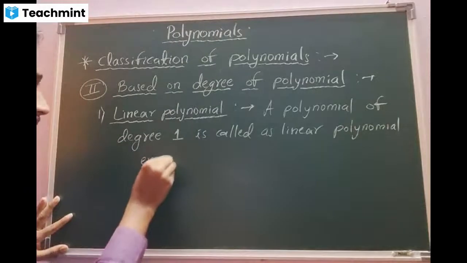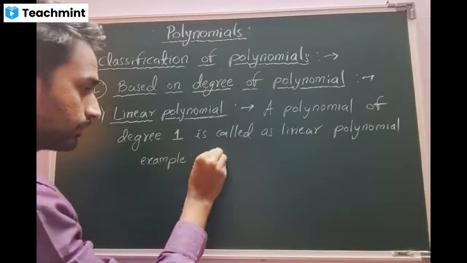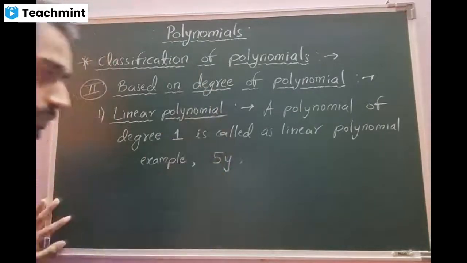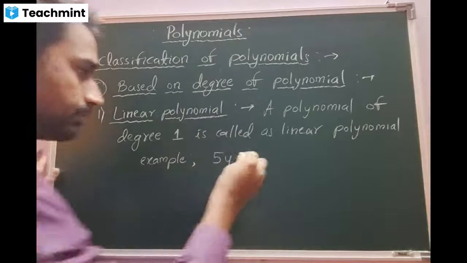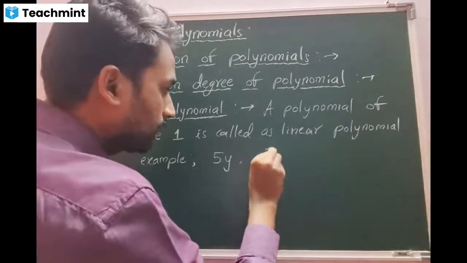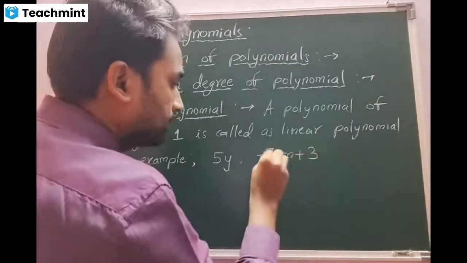Example, I'll write 5y. This is 1. Then I'll write minus 7m plus 3.